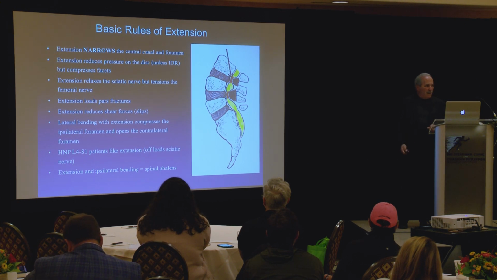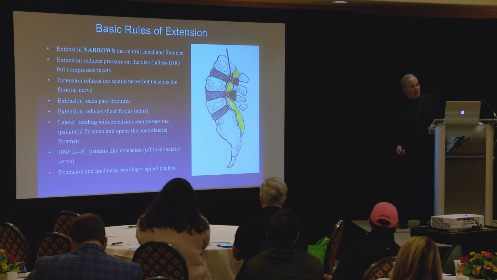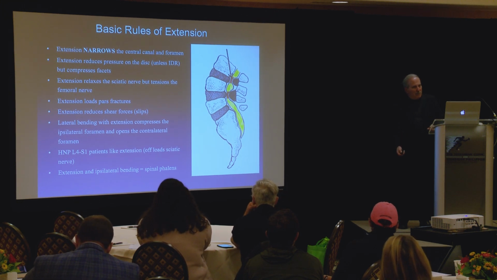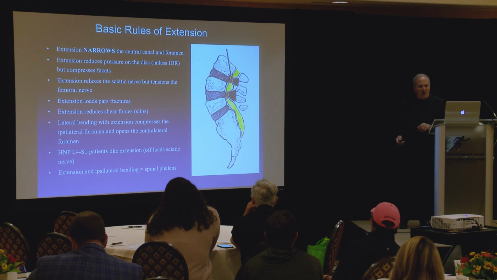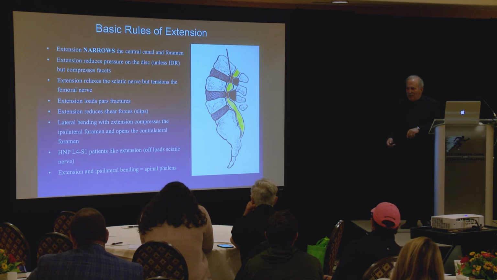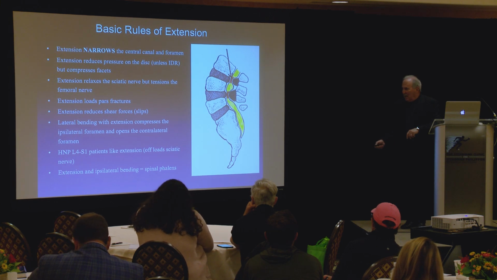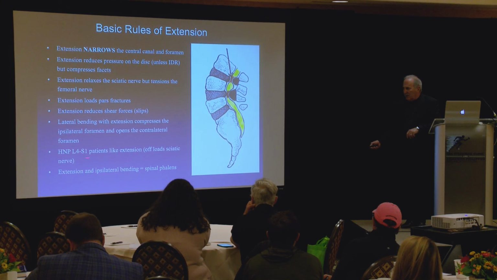That's a pretty good indication, lateral recess or foraminal stenosis. You lean them to that side, what happens? It gets worse, right? More leg pain. So again, these little tools can make life easier on exam. Now remember, herniated disc patients at L4 to S1, which are the foramen or the sciatic nerve, they like extension. They want to bend backwards because it offloads their nerve.